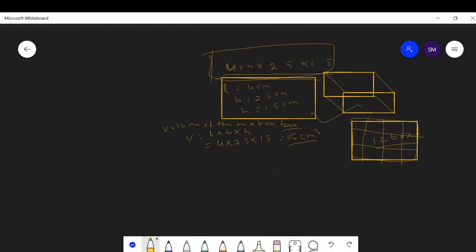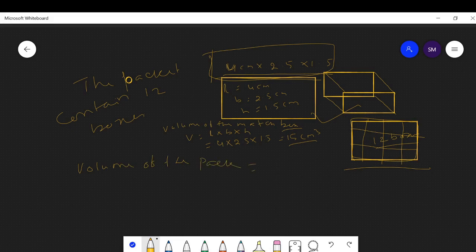Then the volume of the pack is equal to 12 into 15, which is equal to 180 centimeter cube.